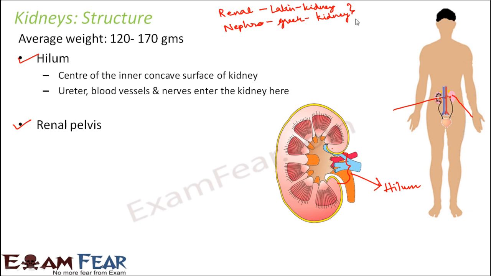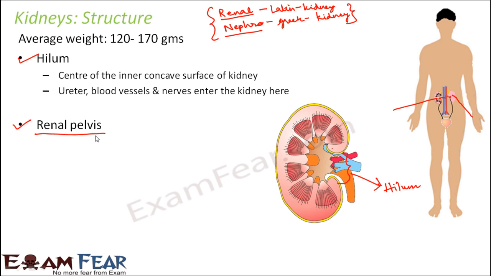So you would often come across terms related to the kidney starting with renal or nephro. For example, right now you have renal pelvis. Similarly, you would have heard of nephrologist, nephron. You will also get to know about the renal columns. So the terms renal and nephro will be used quite often, and they both mean kidney.